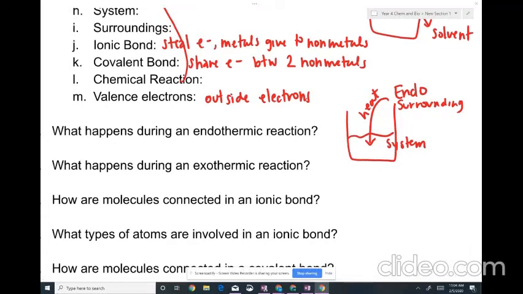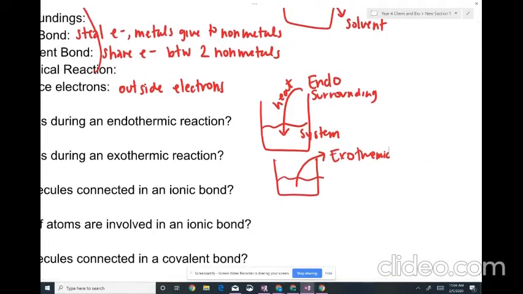And then for the other one, it's going to be the opposite. I'm going to go from my system to my surroundings. So this is exothermic. You also have to think about temperature. So in this one, temp is going to go down.